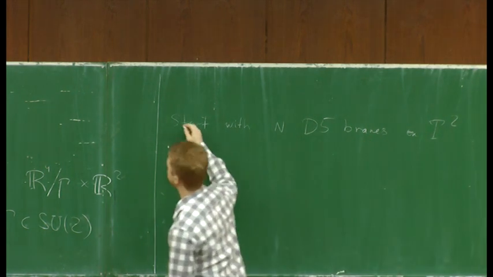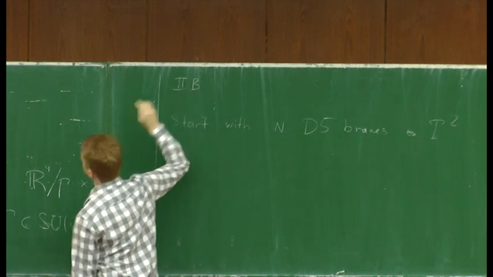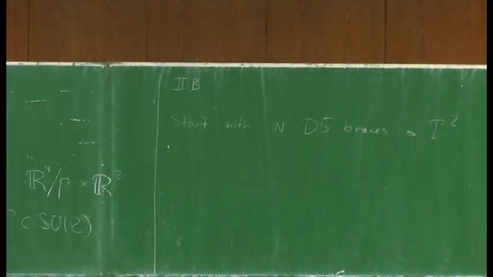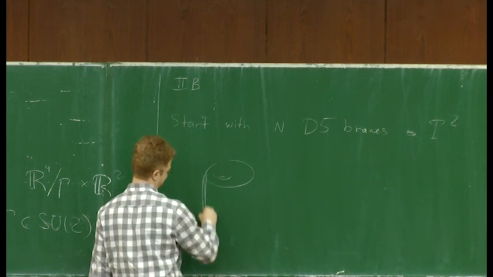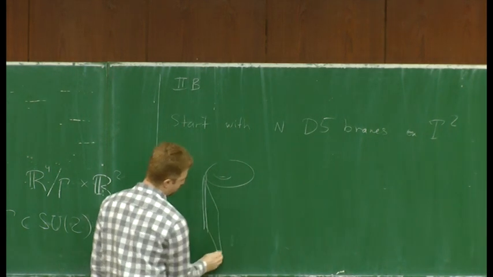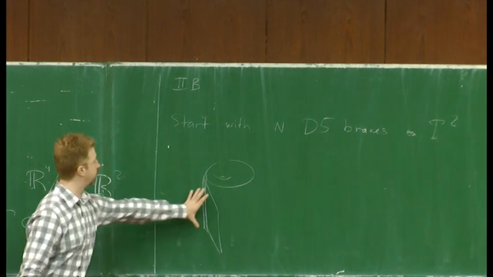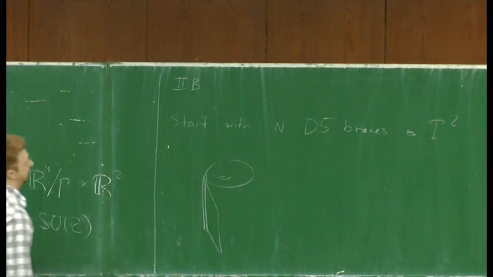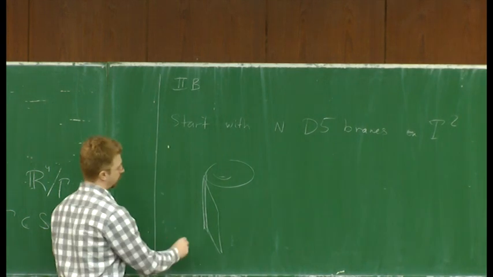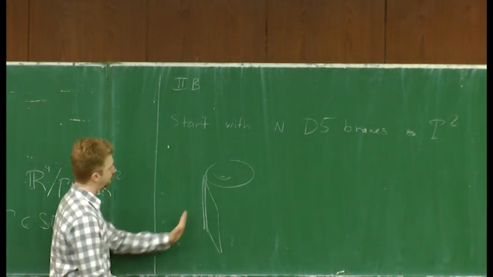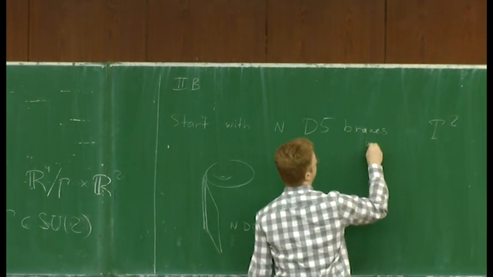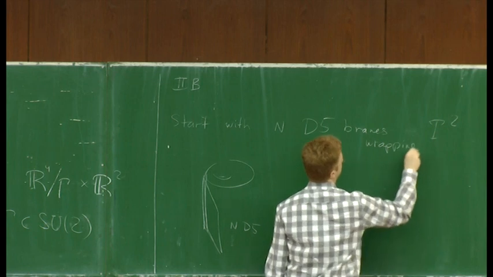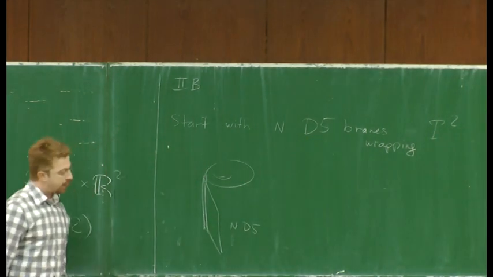So this is still in type 2B string theory. So macroscopically, this is the same starting point as before, because microscopically you have a 4-dimensional world volume. So they wrap.